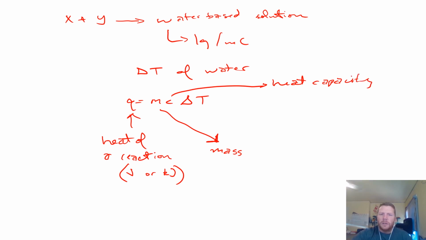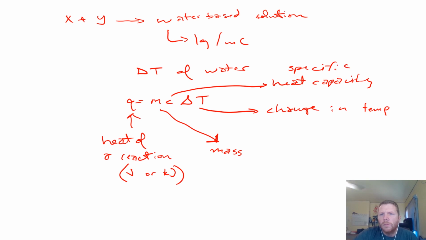And delta T is going to be, well, this one's kind of self-explanatory, change in temperature. Now, the way that we can use this equation is we can figure out for our different reactions, we can look at our specific heat capacity of water, of 4.18 joules per gram degrees Celsius.